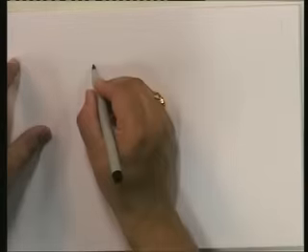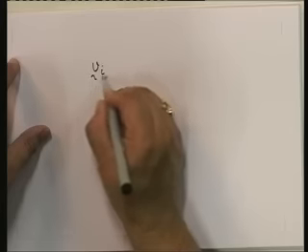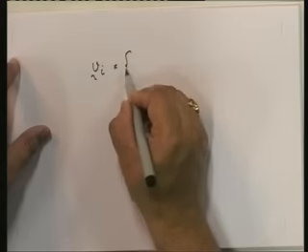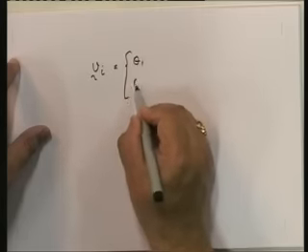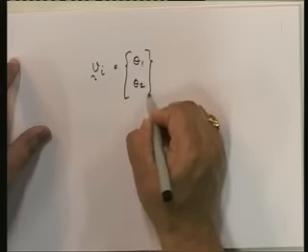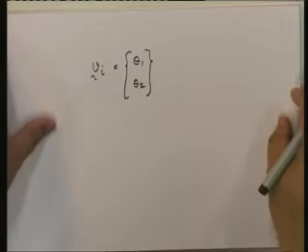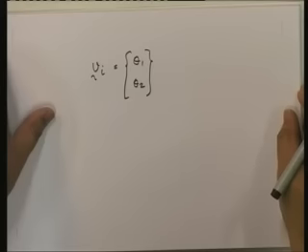These terms, if you look at them, v is equal to theta 1 and theta 2. So in other words, the member deformations are the rotations at the two ends. This is the member deformations.